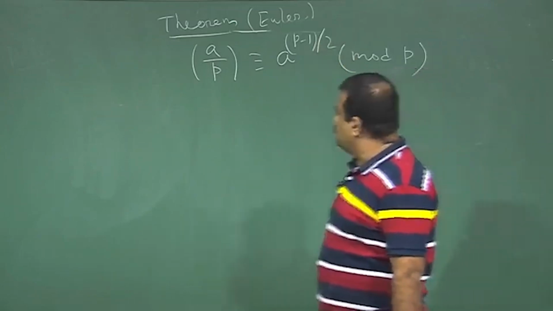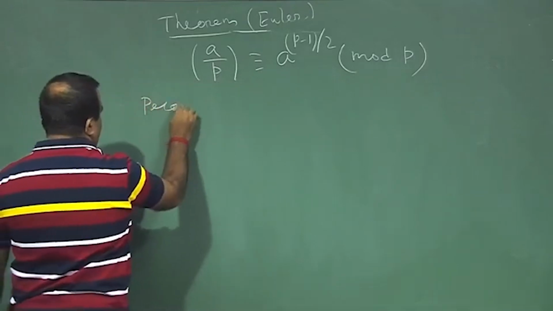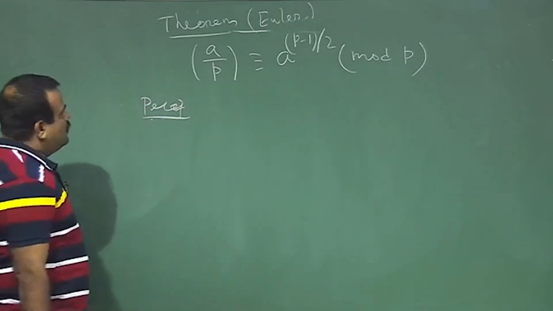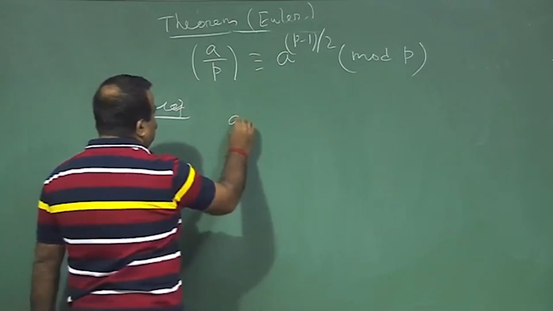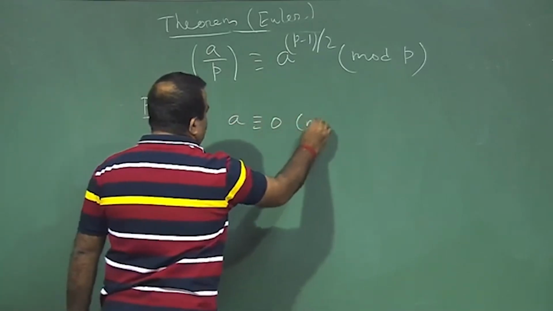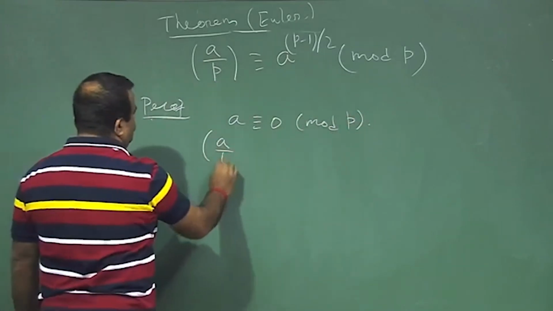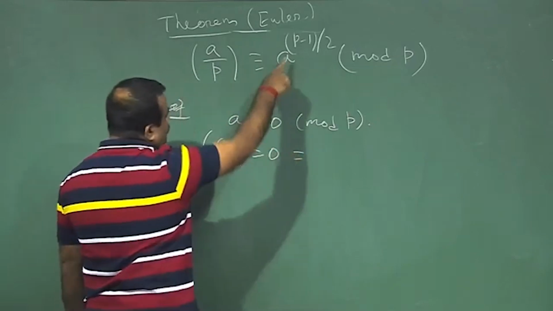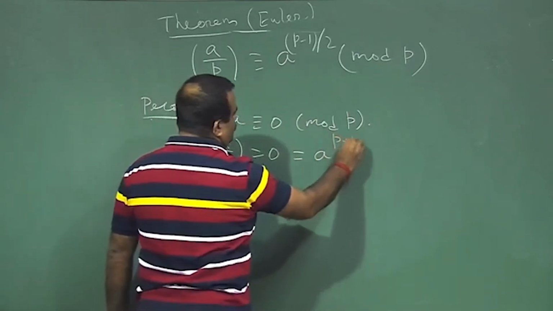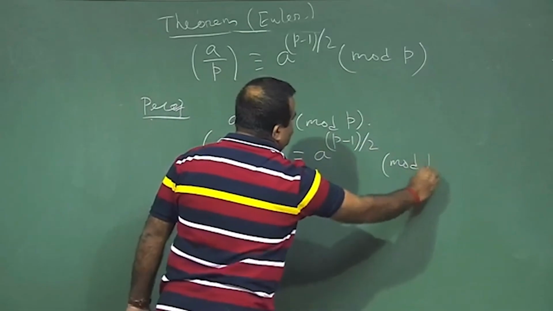Now, how to prove this theorem? Case 1: if a is congruent to 0 mod p, that means a is a multiple of p, then we know (a/p) is 0, and it is also easy to show that in this case a to the power (p minus 1) by 2 mod p is also 0.